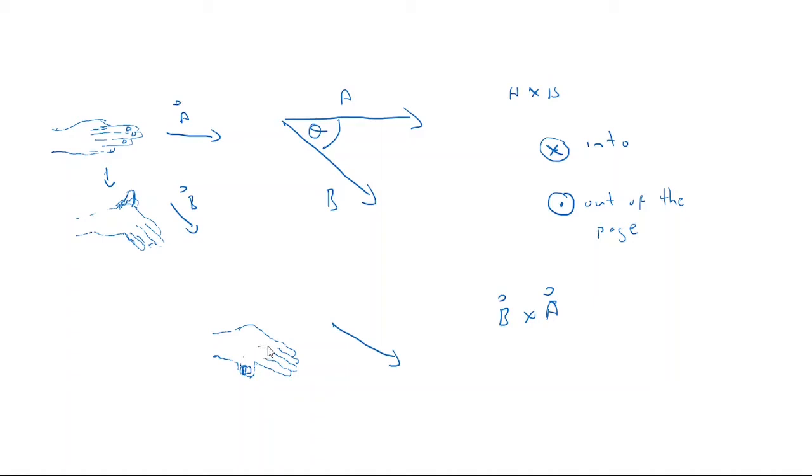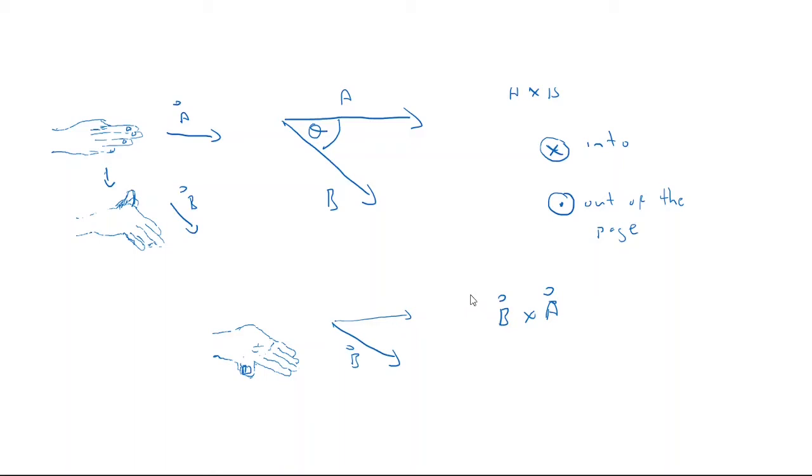I know my drawings are very bad. Okay, right, there's your thumb, there's your right hand. Then of course afterwards you are going to curl it towards the second vector. So this is vector B, so it goes towards vector B. And then the next step is you curl your fingers towards the second vector, right?